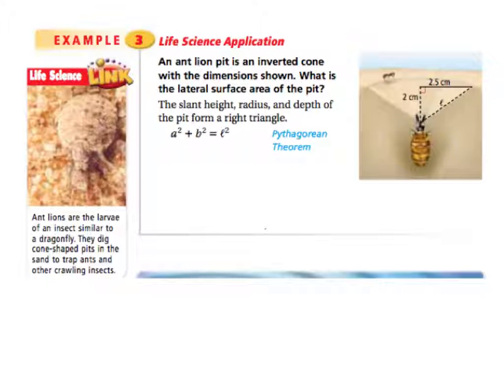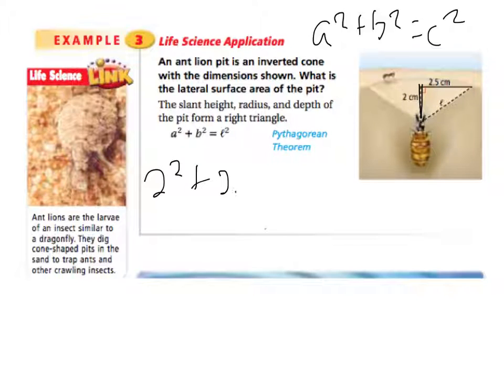And so what we're going to do is we're going to find out the slant height by using the Pythagorean theorem. So remember, the Pythagorean theorem is a squared plus b squared is equal to c squared. So what is a squared? A squared is, let's say, 2 squared plus b squared is 2.5 squared, and that's going to equal the slant height squared.